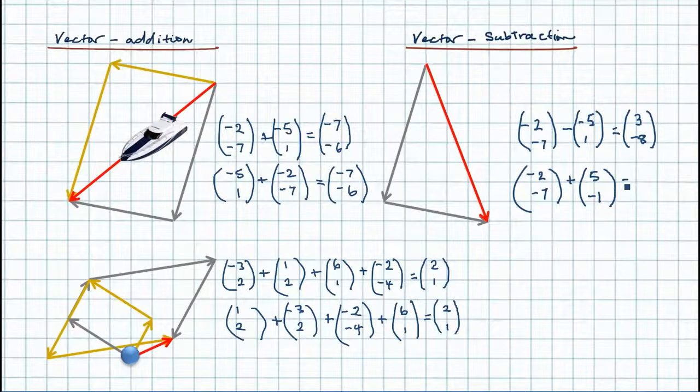And that will give us the same result, of course. So minus 2 plus 5, in fact the arithmetic is slightly easier here, gives us 3. And minus 7, is that clear? Minus 7 minus 1 gives us minus 8.